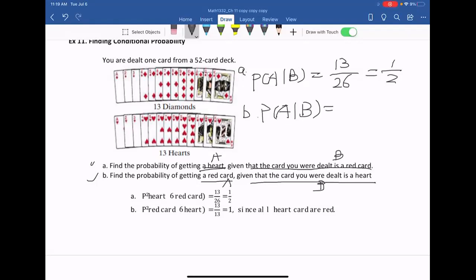How many hearts? You have 13. And based on the 13 hearts, how many red cards? We have 13. That means 1, since all hearts are red. So this is 100%, all the hearts are red cards.